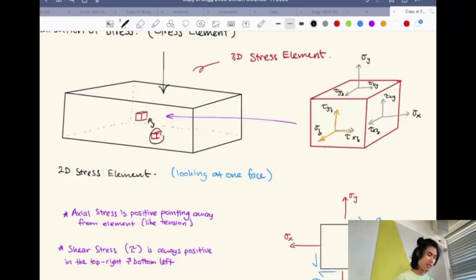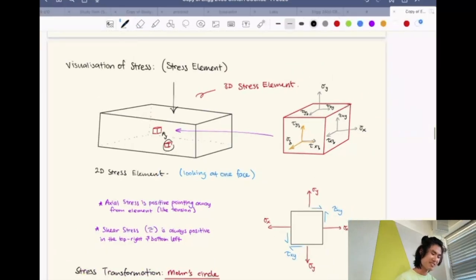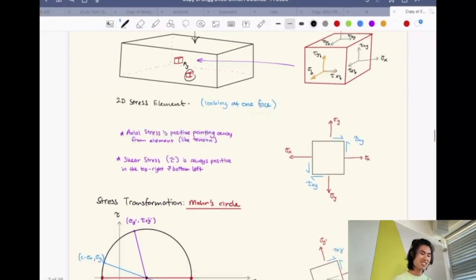That's because the beam will deflect like this, right? It will kind of bend down on a microscopic level, and then each individual molecule is experiencing a different type of stress and shear. So that's kind of what the stress element is. Do you guys get that part?